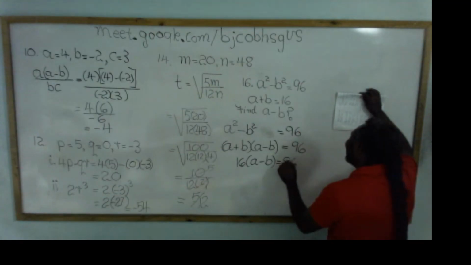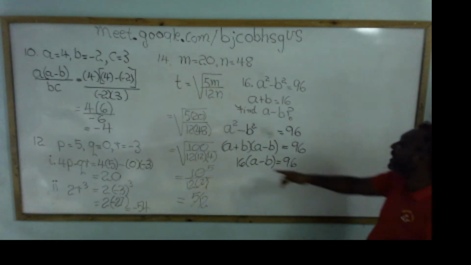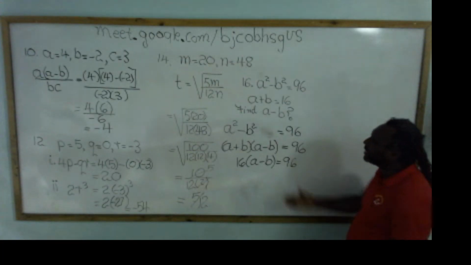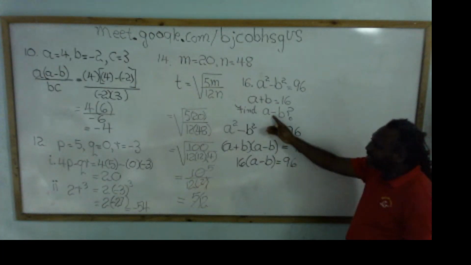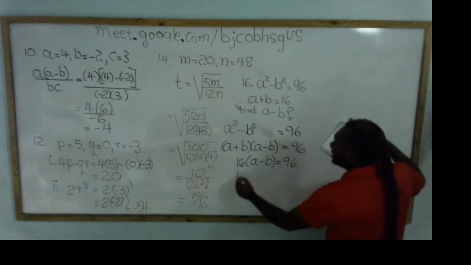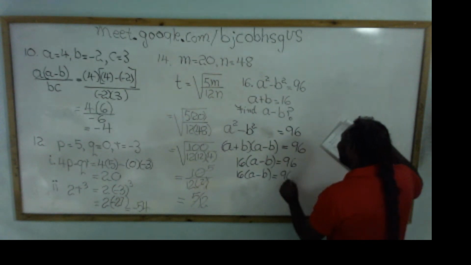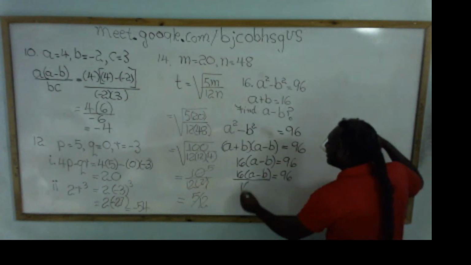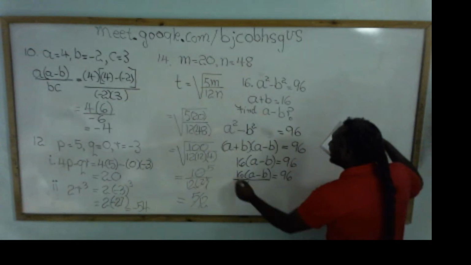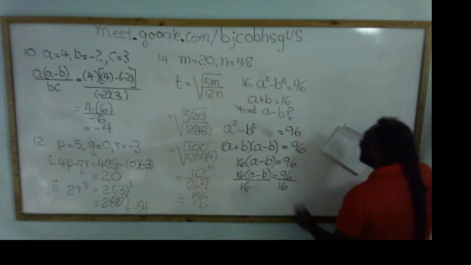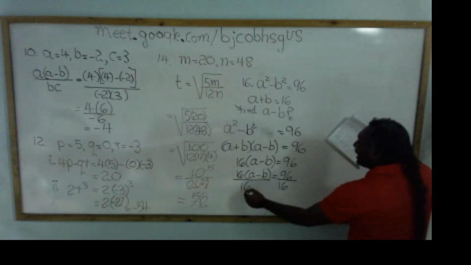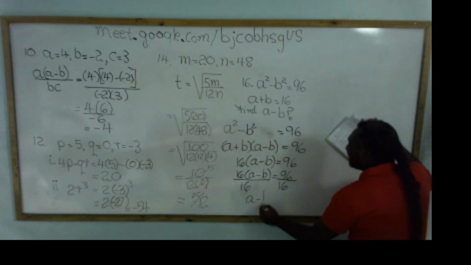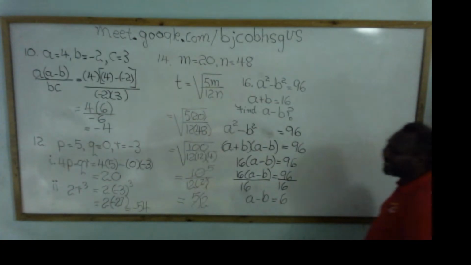All you need to do now is eliminate this 16 by dividing by 16, and you'll do the same on the other side. So these 16 will cancel each other. You'll have a minus b, and I hope that 96 divided by 16 is 6. I'm hoping that, because somebody said that's what the answer is.